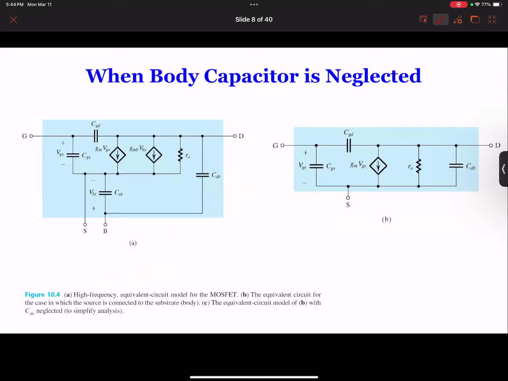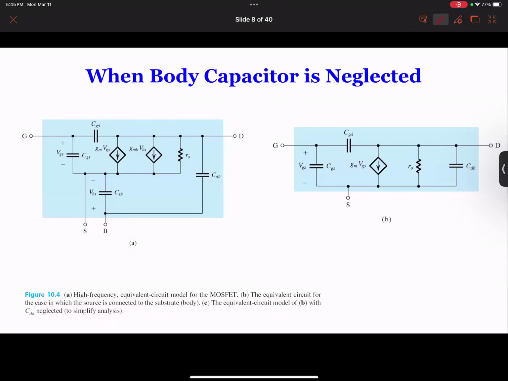So we basically neglect the other current. That current we neglect it, and we neglect the source-body capacitor, because again, source and body are usually connected. And then we have drain to body, gate to drain, and gate to source. We have 3 capacitors. So now you see this circuit.